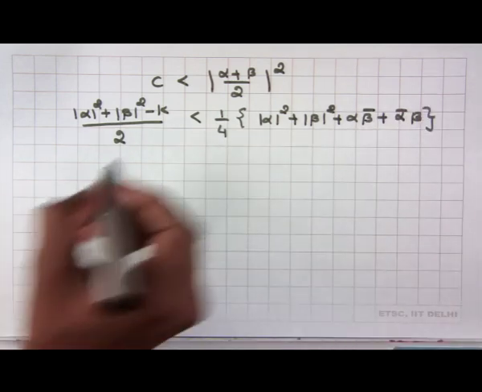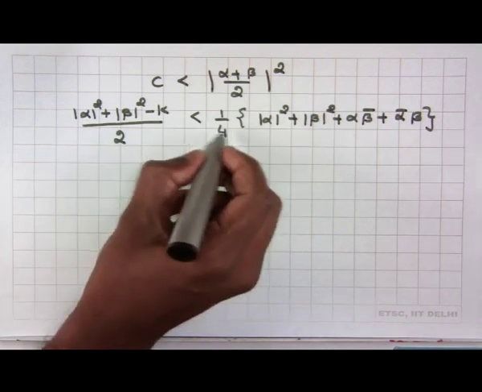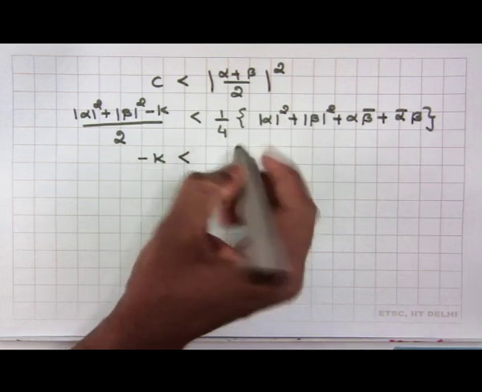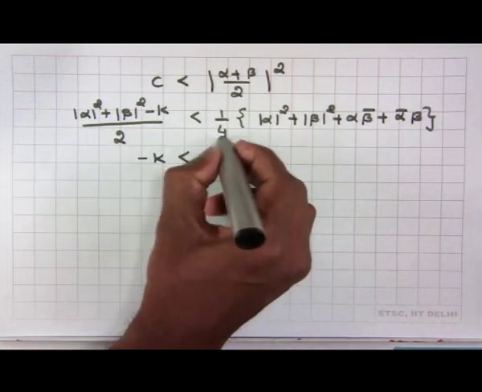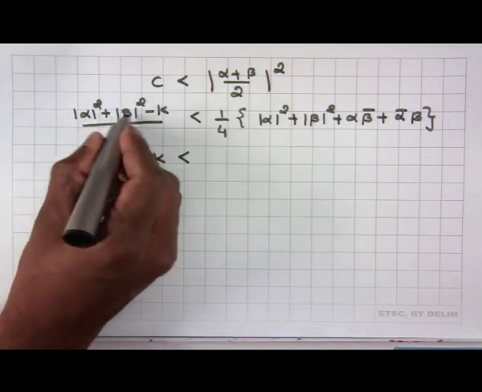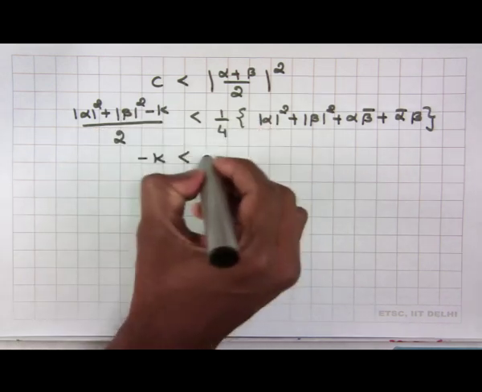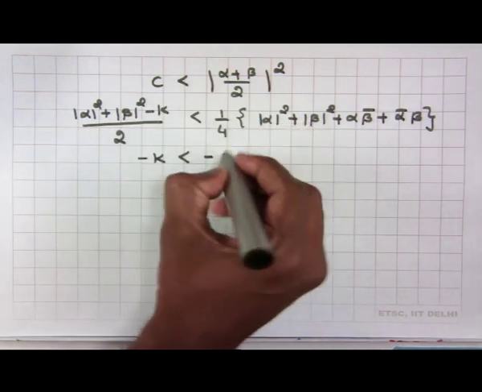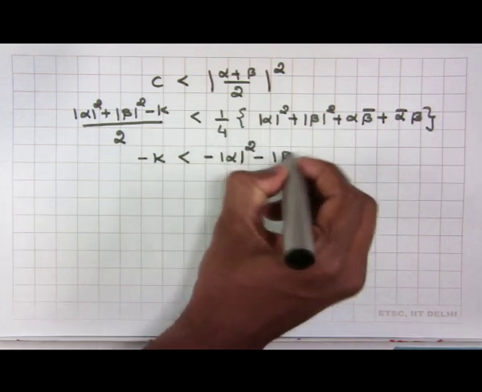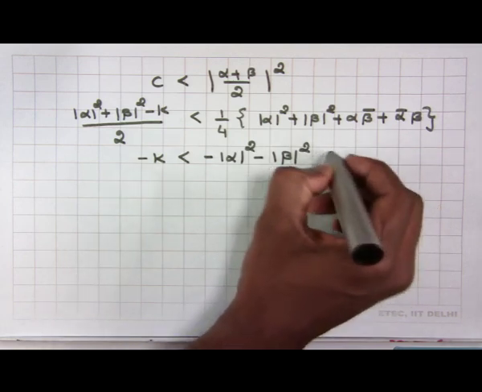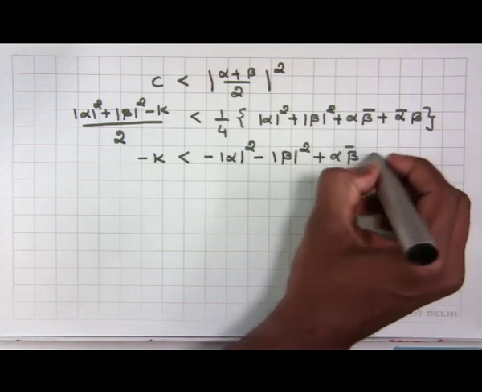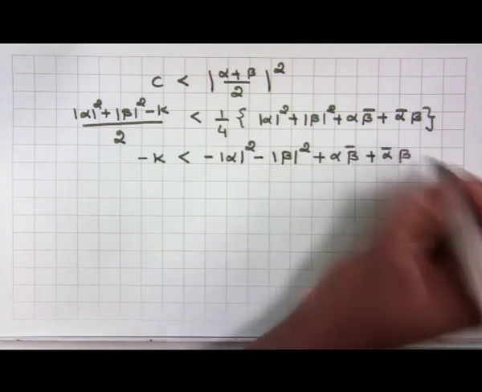Now, simplify this inequality. Then we get minus k less than twice |α|² plus twice |β|². Once we bring these to the right-hand side, we get minus |α|² minus |β|² plus α β̄ plus ᾱ β.